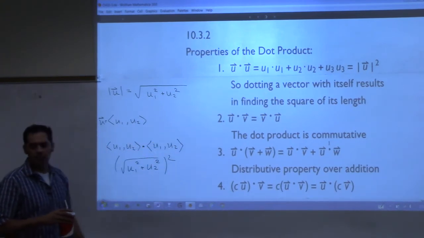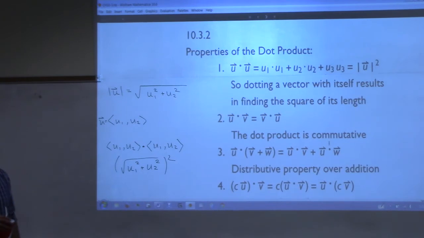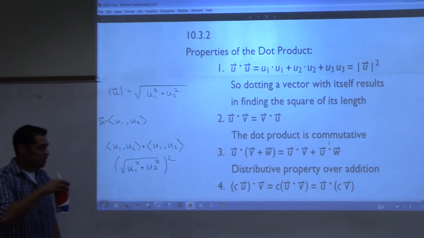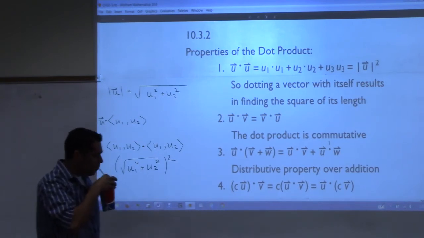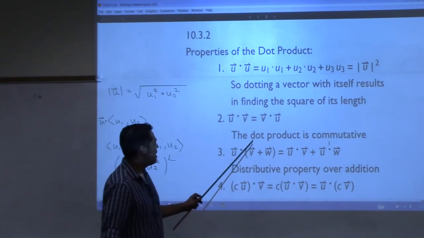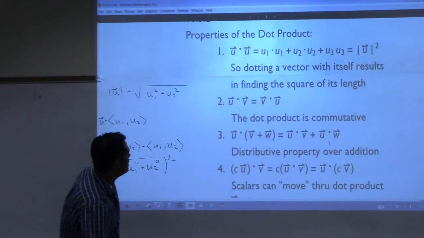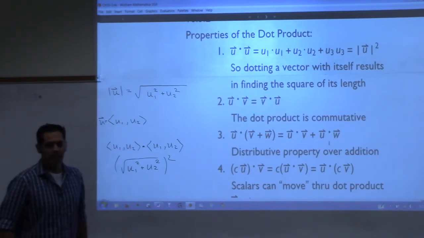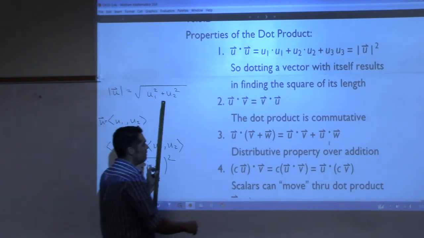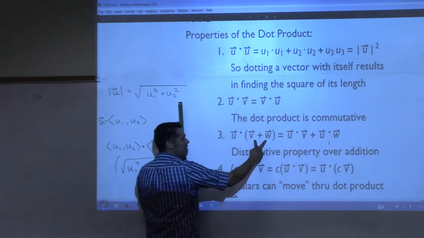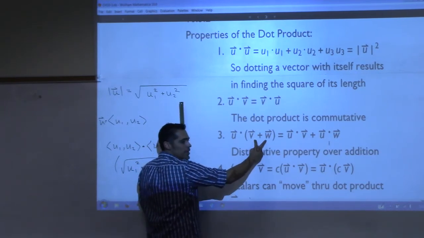Second property I just tried to convince you of, that u dot v is the same as v dot u. That means that the dot product is commutative. We also have a distributive property of dot products. If you take two vectors and add them together, you get a new vector, don't you?